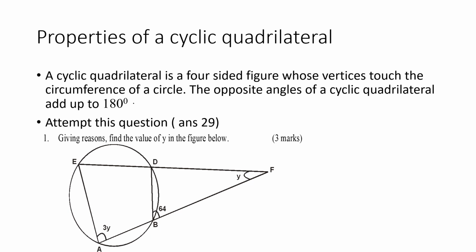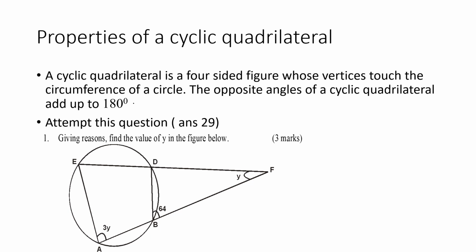So, angle A and angle D, when you add them, you should get 180. So, if angle A is 3y, then angle ADB should be 180 minus 3y. Hope it's clear, because when you add both angles, the opposite angles of a cyclic quadrilateral, you should get 180. Now, the other angle, which is angle BDF, if you look at it, what will be the value of angle BDF?